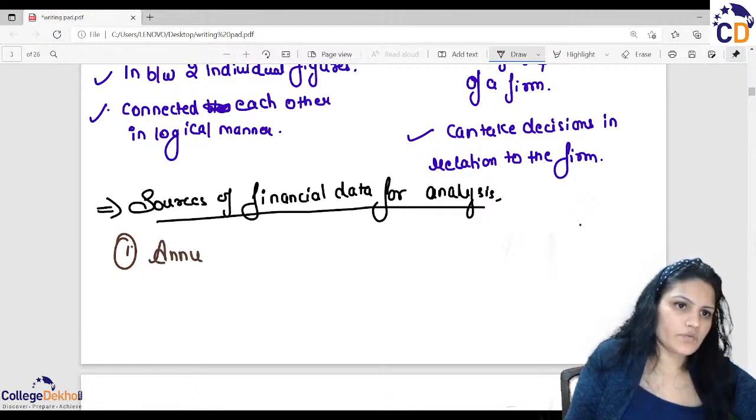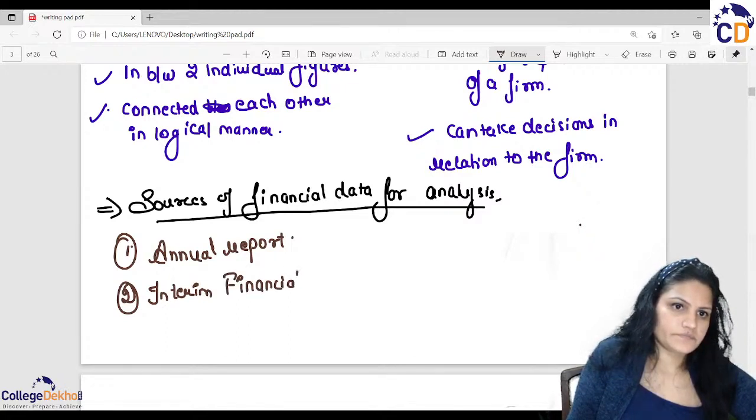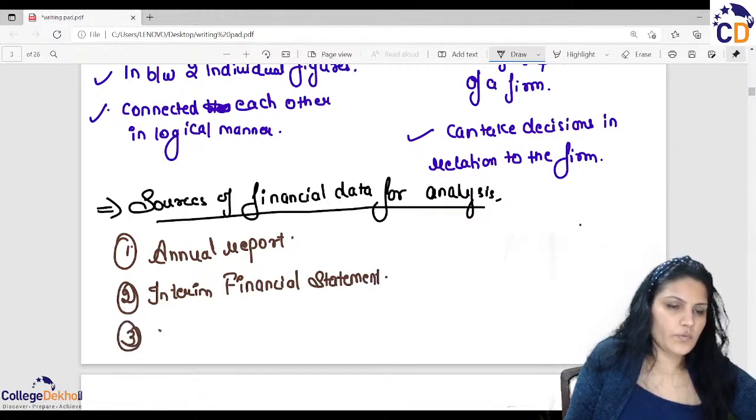You must have the annual report. Second one, interim financial statement. Third one is notes to accounts.